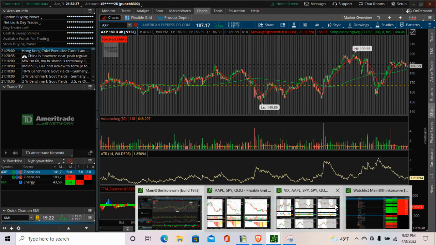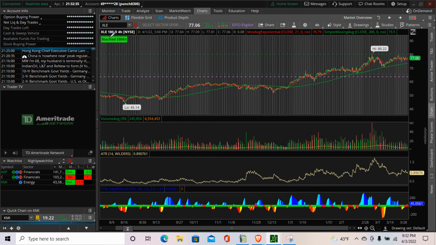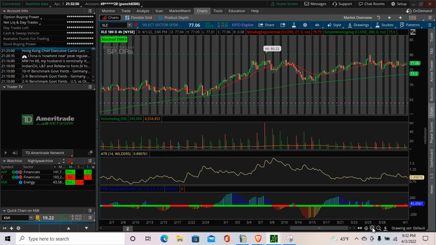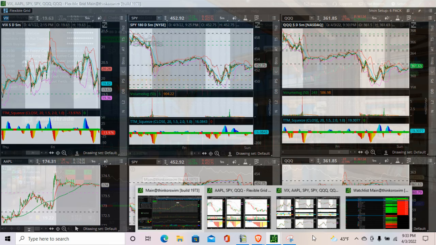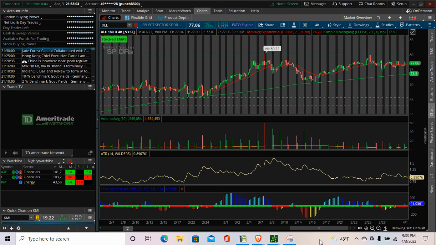So this is a quick way for me to glance and say, okay, EMAs are stacked green, so I'm looking to have more of a bias towards a squeeze breaking towards the upside rather than the downside. So that's my setups for the most part that I use. If you have any more questions or concerns, or want me to show you anything else, please just let me know, and I'll make another video.